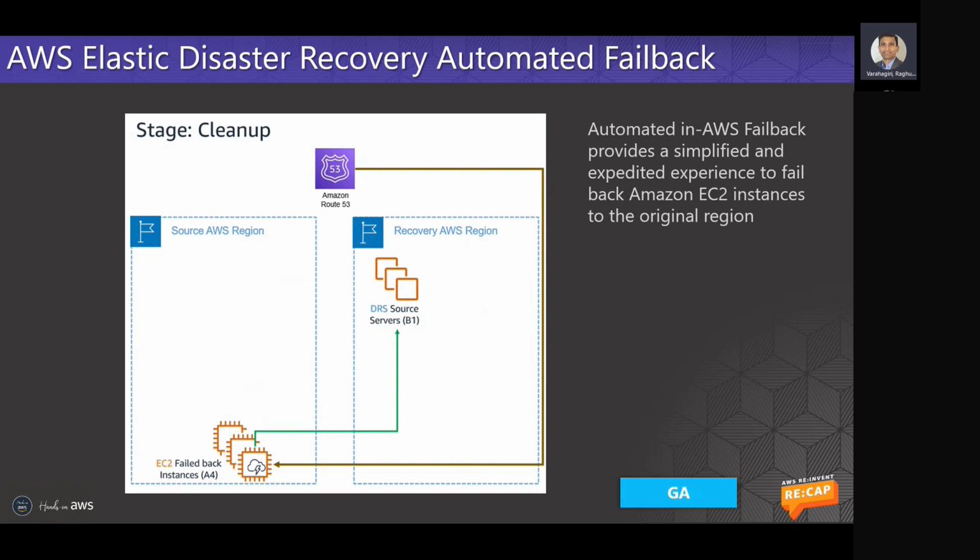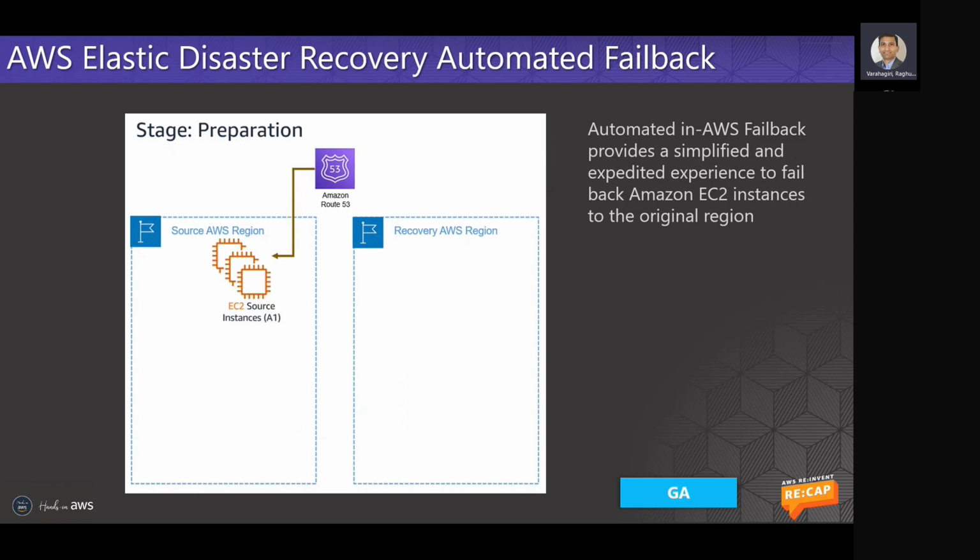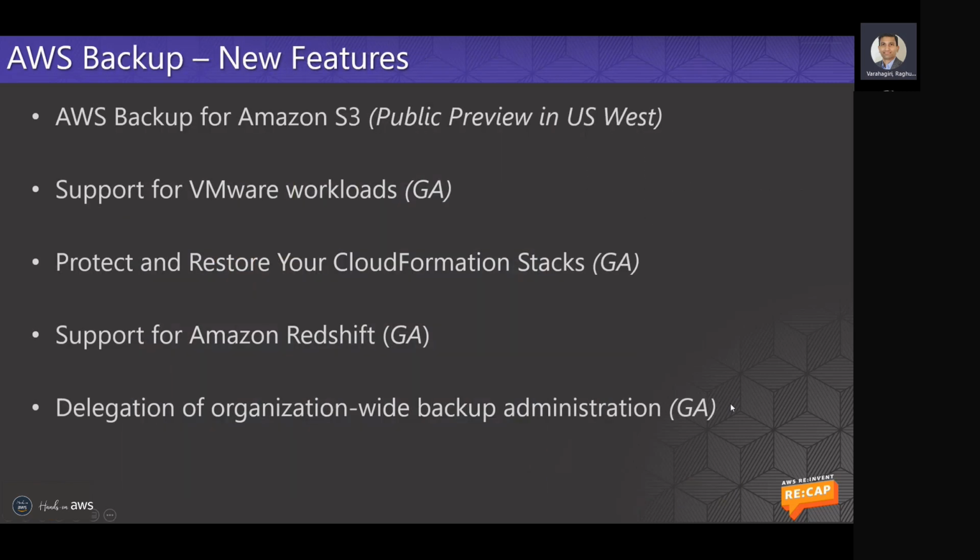So a lot of the heavy lifting in terms of manually doing that and redirecting traffic is taken off, and the operations become a little less human effort intensive. So that's the main feature in the Elastic Disaster Recovery Service.